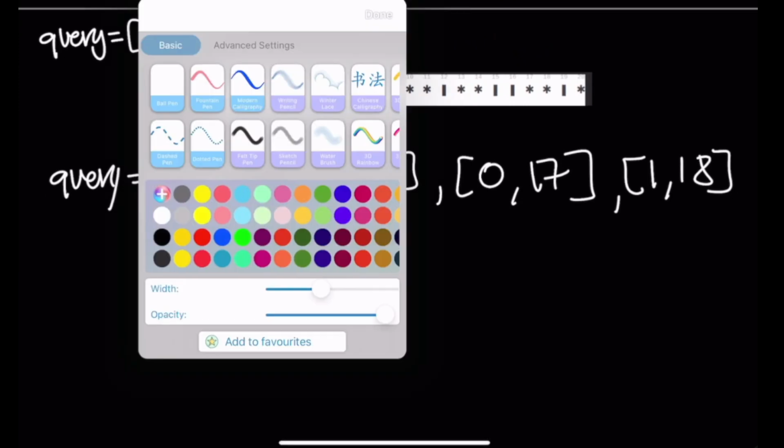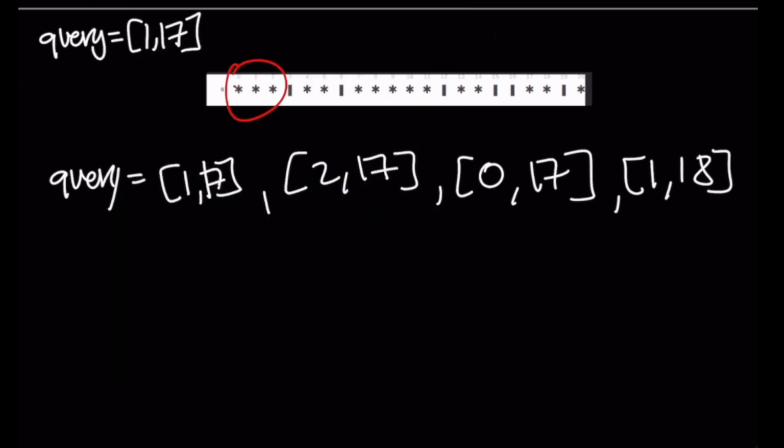Notice how for these three indexes, the closest right candle is all index 3. And for these 4 and 5 indices, the closest is 6. And for these indices, the closest is 12. 13 and 14, closest is 15.